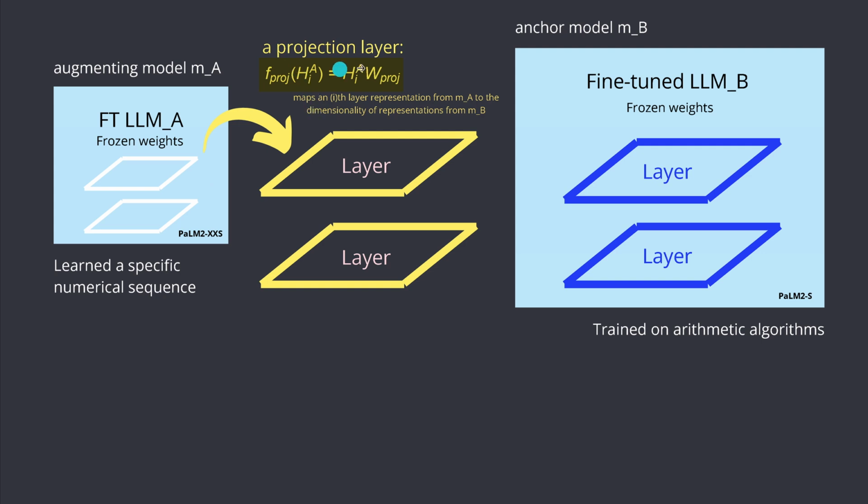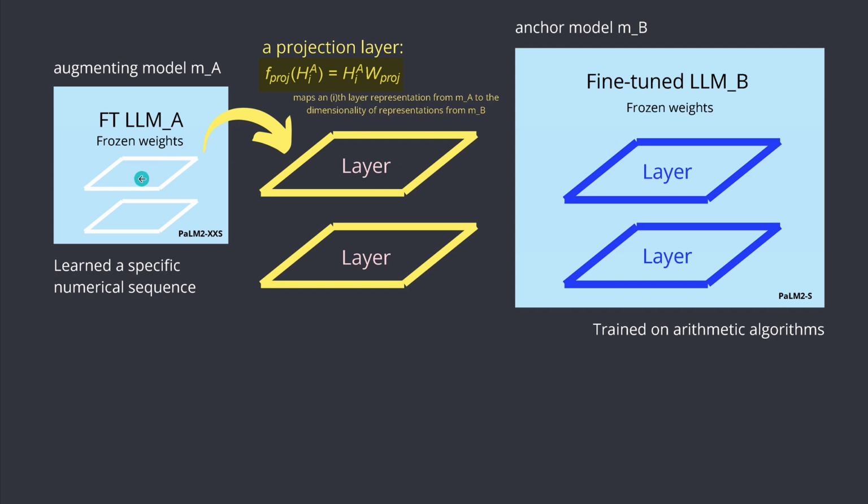So we have now a projection layer. And this is a function of a projection. In the simplest way, we simply have a matrix, a tensor. And of course, this will be a learnable parameter. So if we have, let's say, a small dimensional model and here a high dimensional model, now it's easy.